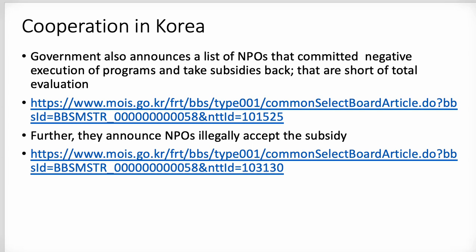Also, government announces a list of NPOs that committed negative execution of programs and takes back subsidies that are short of the total evaluation. And also, they announce NPOs that illegally accepted the subsidies.